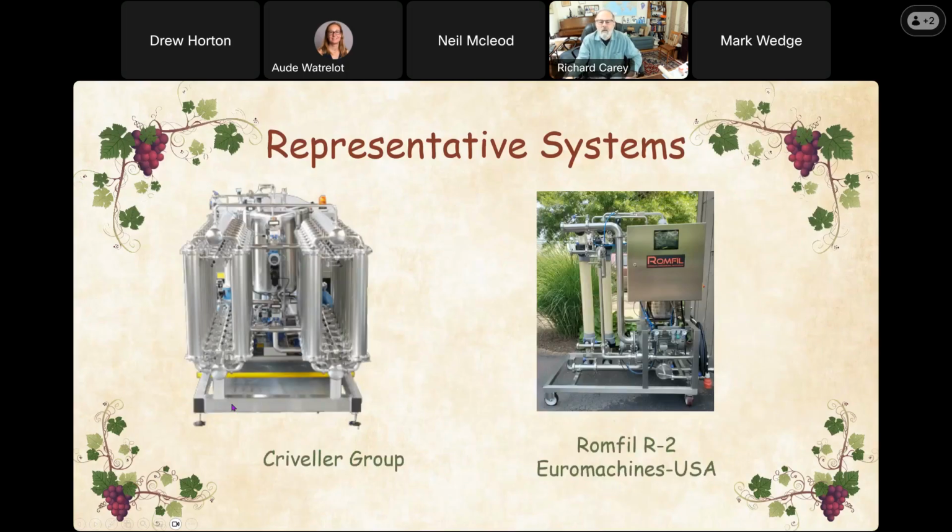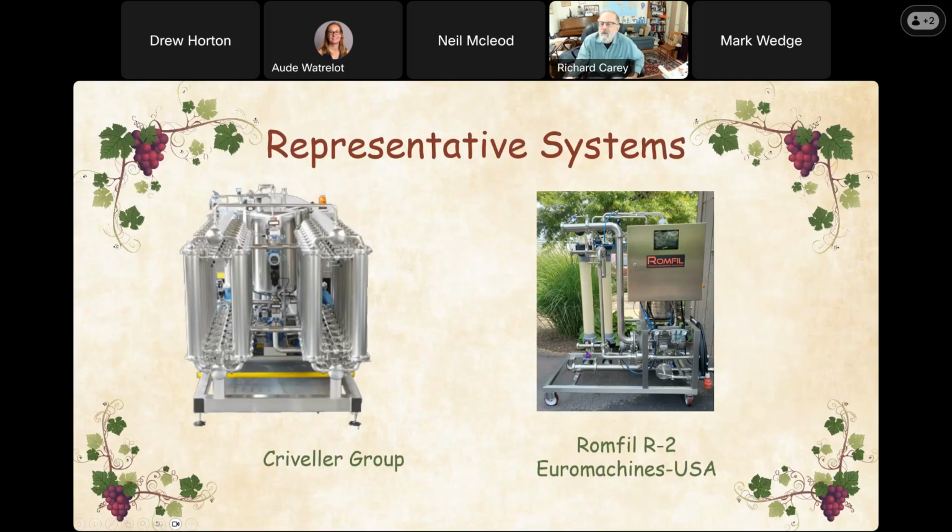And then Creveller has their system, and they are bringing in a smaller scale system for smaller wineries. One of the few smaller winery systems that is out there is Romfill by Euro Machines USA.